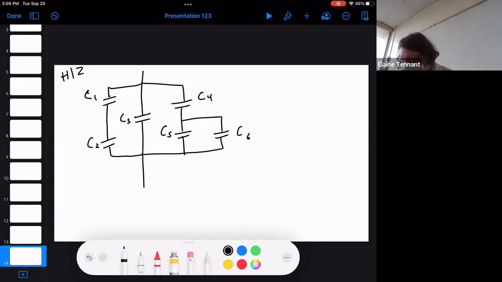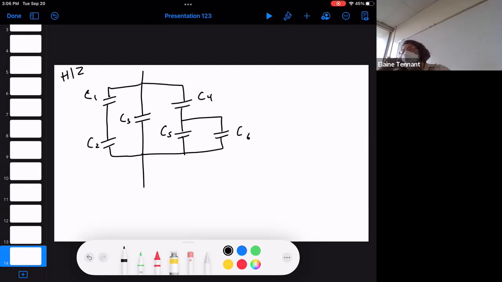Now let's look at C4, C5, and C6. Certainly the charges that go through C4 go through C5 and C6, right? But can you say that all of the charges that go through C4 will also go through C5?